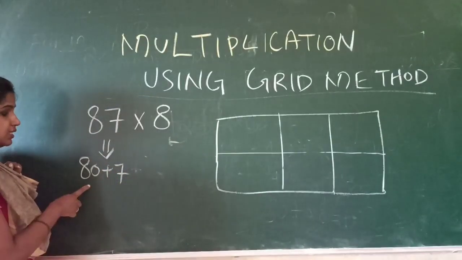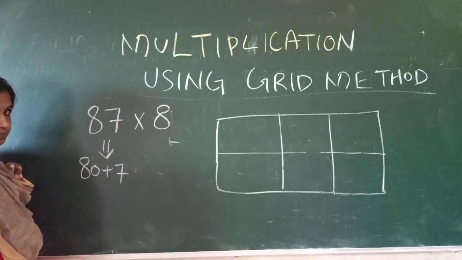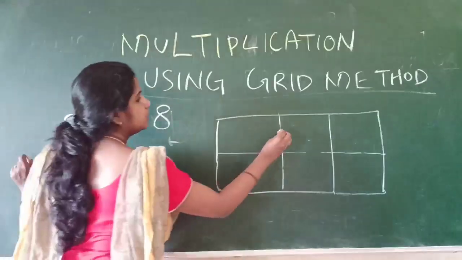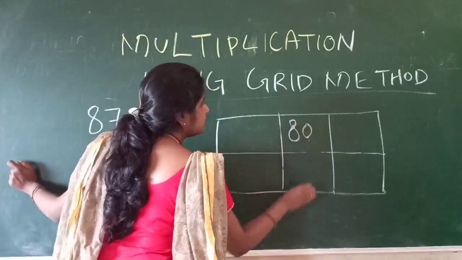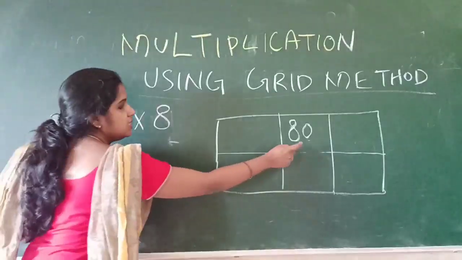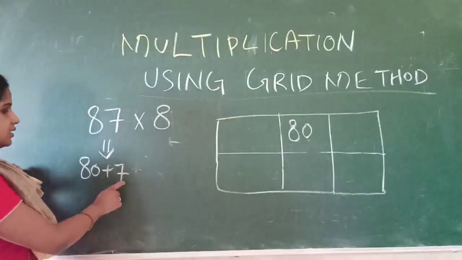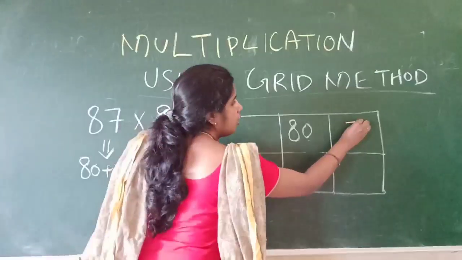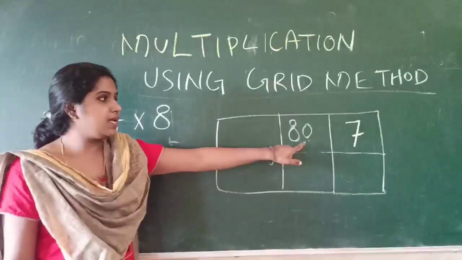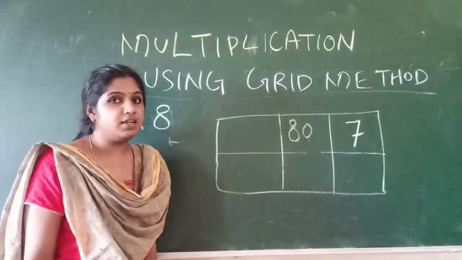Now we will write this 80 here and this 7 here. I am writing this 80 here and this 7 is here.